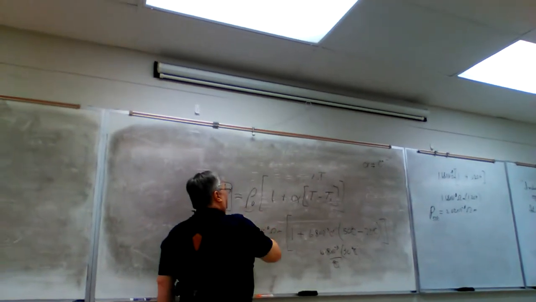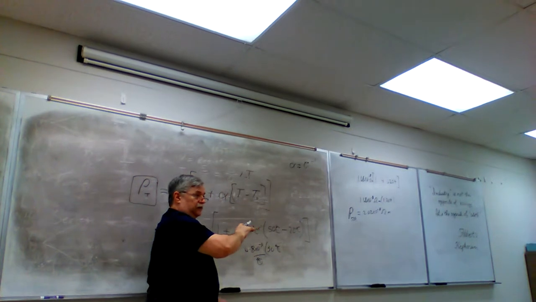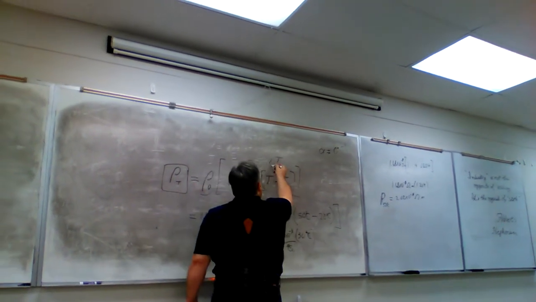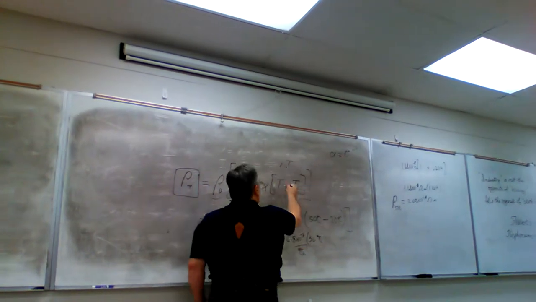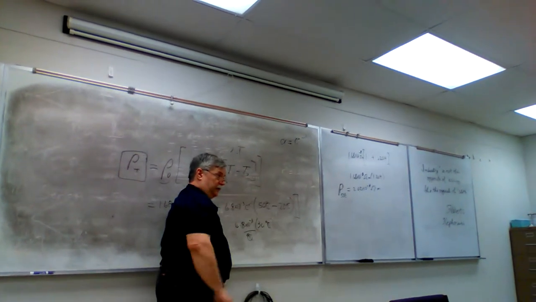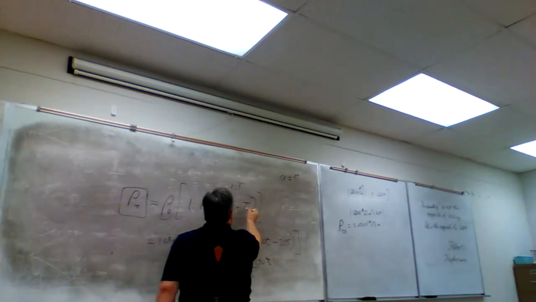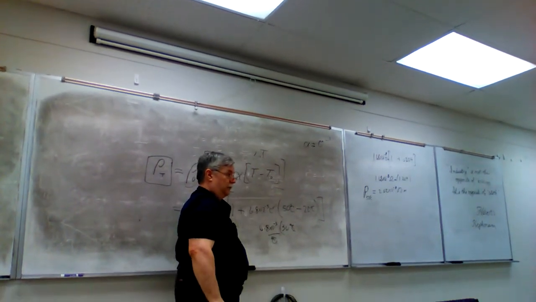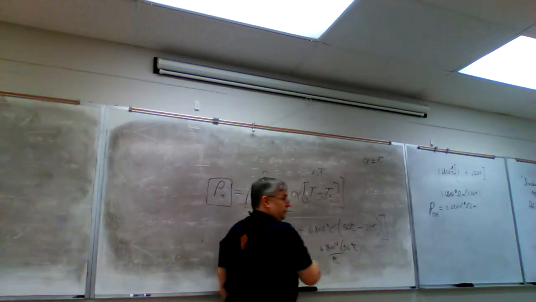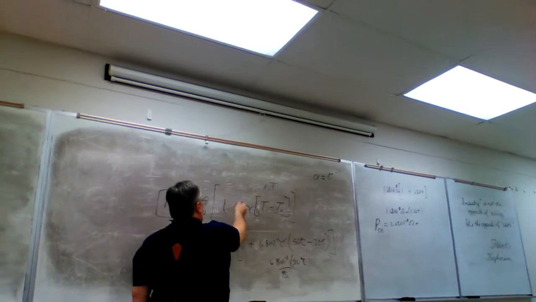This will go up or down that much for every degree C that you move in operating temperature. You go up, your delta T is positive because it's a larger number minus that. If your operating temperature goes down, if you're going to operate at a lower temperature, then this T minus T naught becomes a negative number. This negative number multiplies by alpha, that much change per degree C, subtracted from 1.